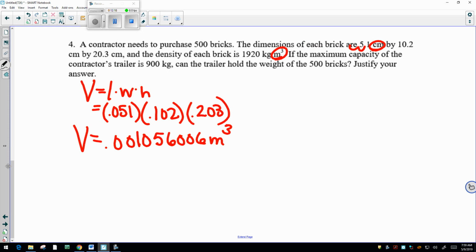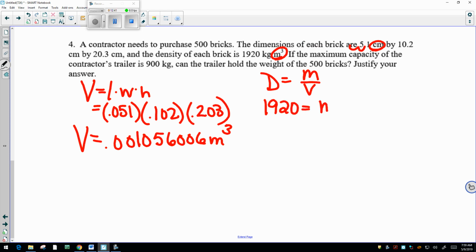Now, we want to think, all right, well, what's the mass of each of these? How much is each of these going to weigh? So again, we have our formula. We have density is equal to mass divided by volume. We know the density. The density they have told us is 1,920.